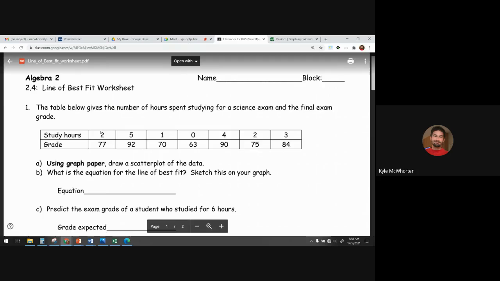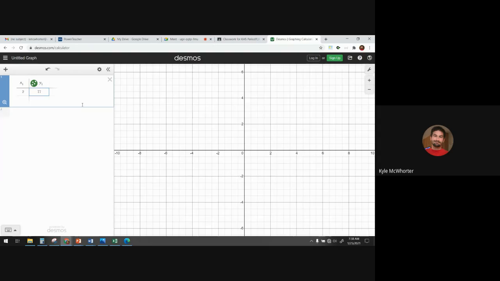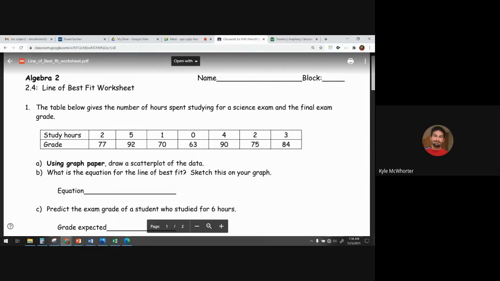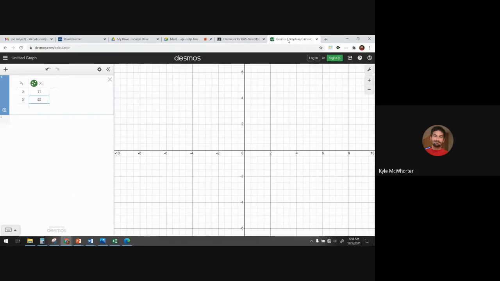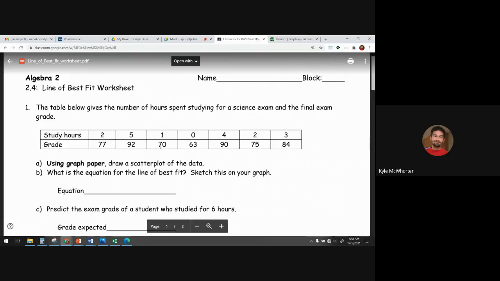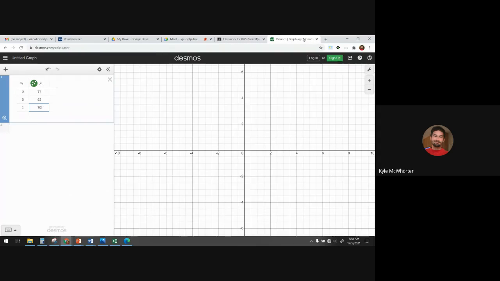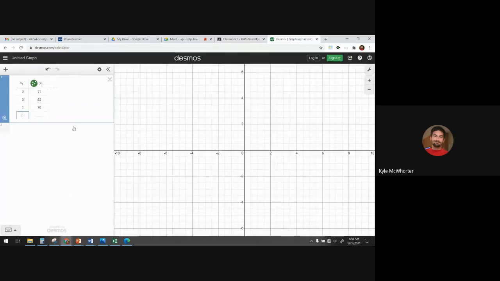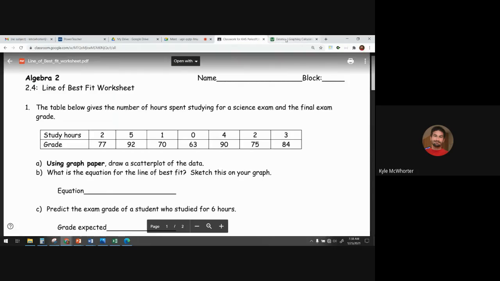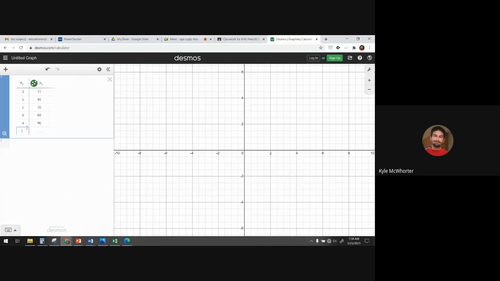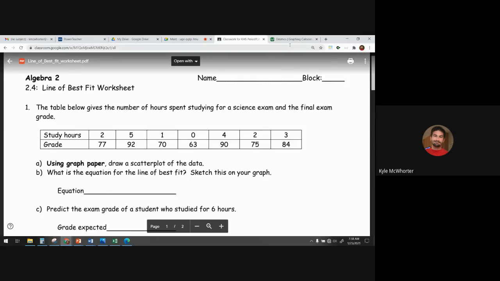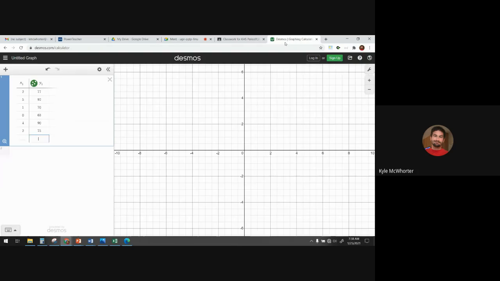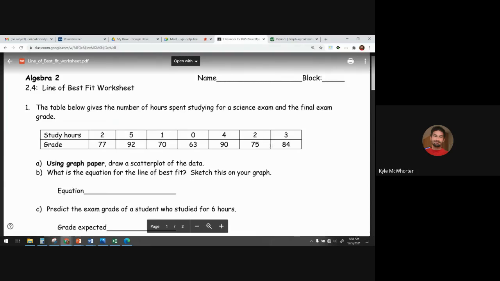The study hours would be the x and the grade would be the y. So we have 2, 77. Then 5, 92. 1, 70. 0, 63. 4, 90. 2, 75. And then the last one was 3, 84.